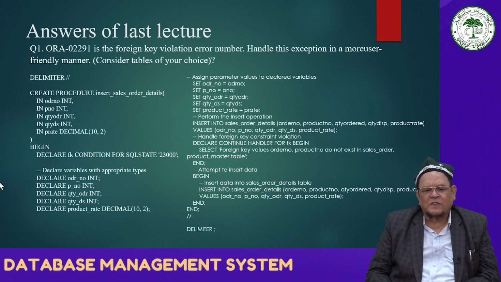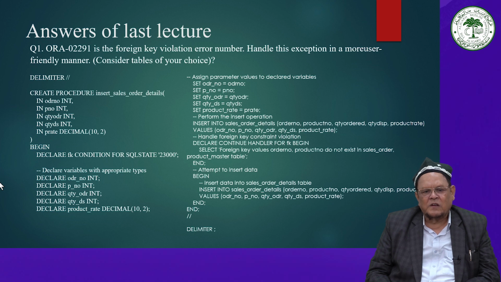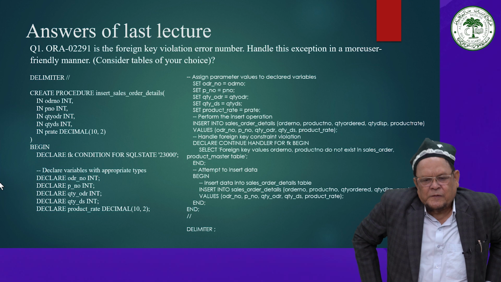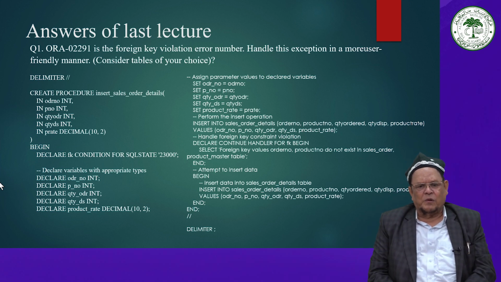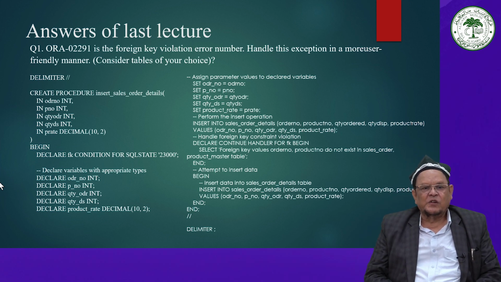You write: insert into sales_order_detail, order_number, product_number, quantity_order, quantity_display, product_rate, and then values order_number, P_number, quantity_order, quantity_display, and product_rate, and then end, which also must be closed. Then delimiter. In this way, we are able to handle this exception in a more user-friendly manner.